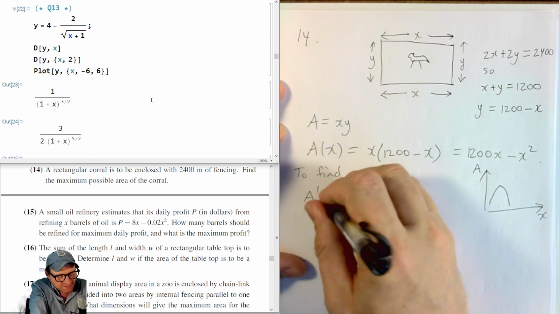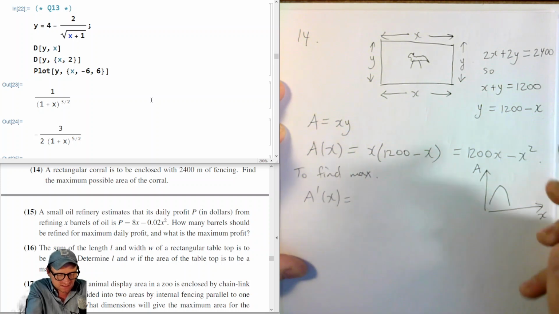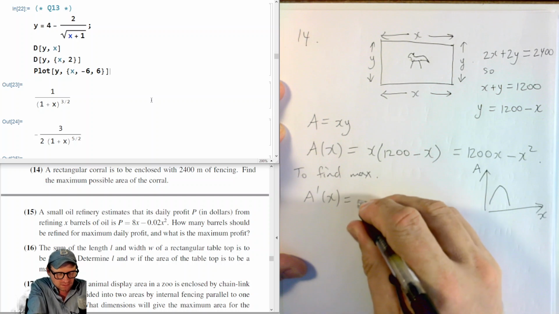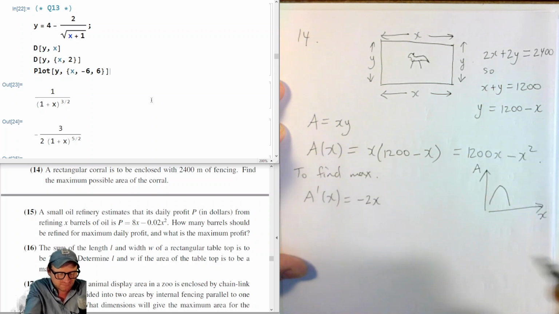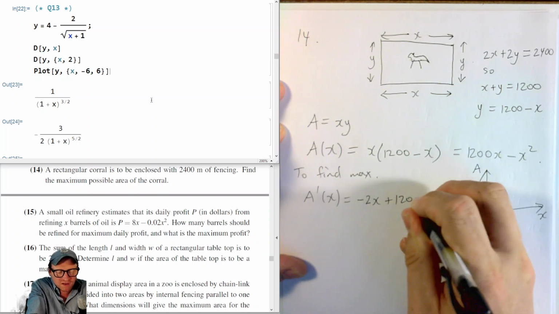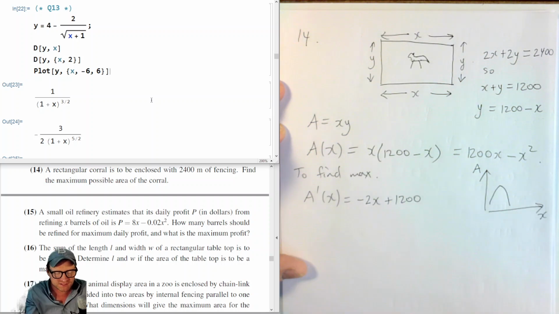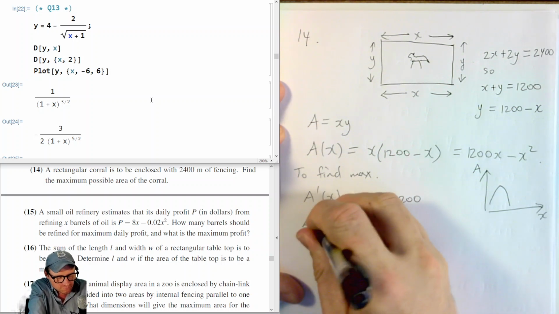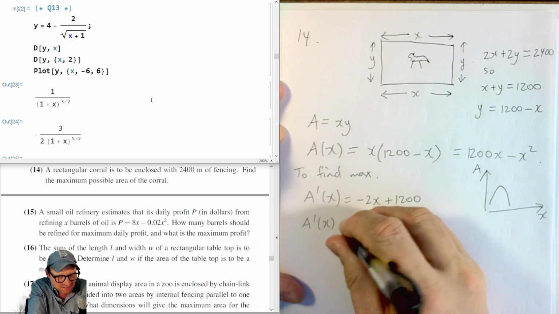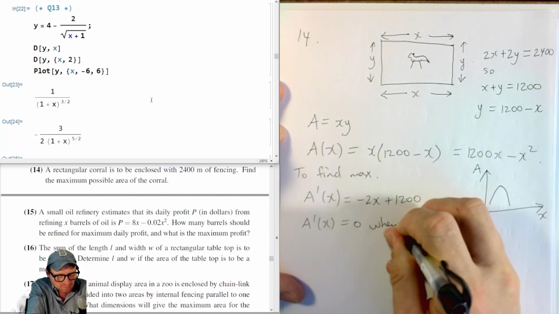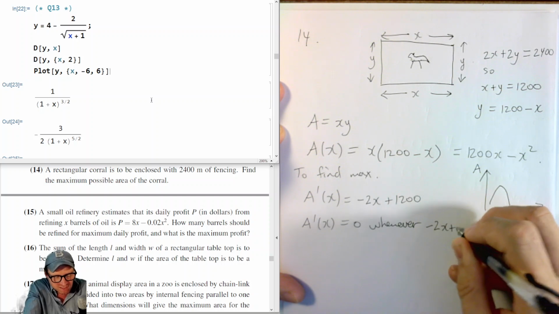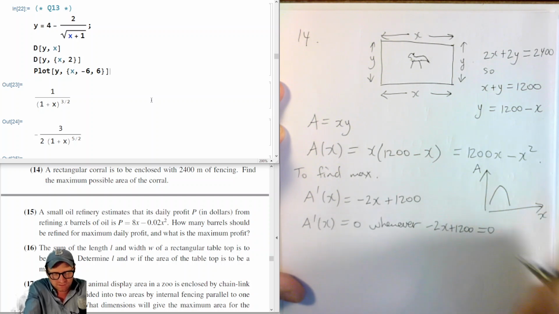we calculate A'(x), so we differentiate this function and we get minus 2x plus 1200, or 1200 minus 2x. All right, so where is this equal to 0? So A'(x) equals 0 whenever we have minus 2x plus 1200 equals 0.